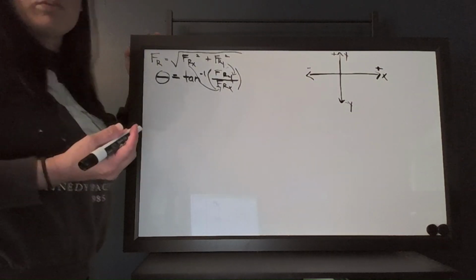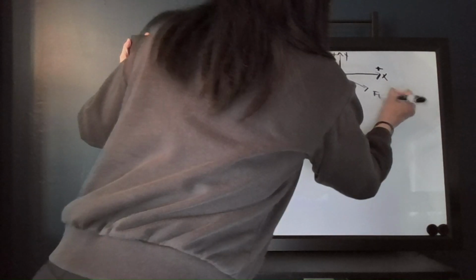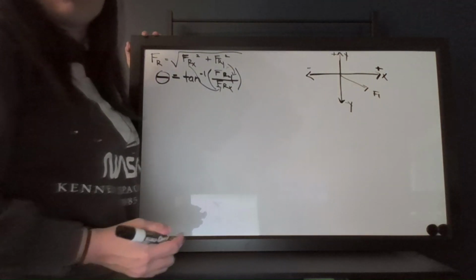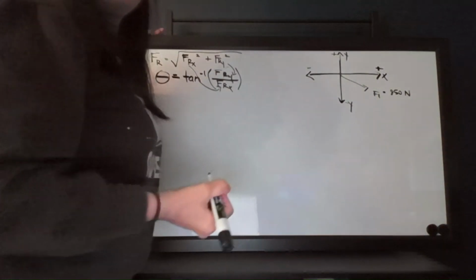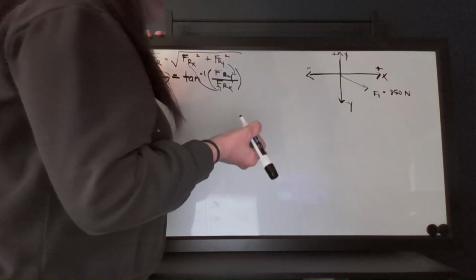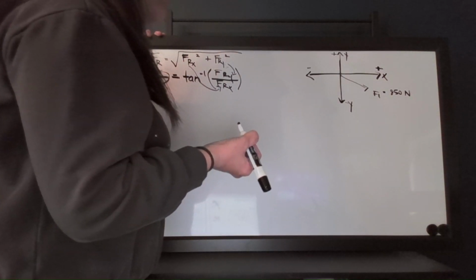So let's draw the forces. F1 is given to us as 850 newtons. I'm sure you've seen this in quite a few statics problems, and some of you may be confused, but let's draw it out.